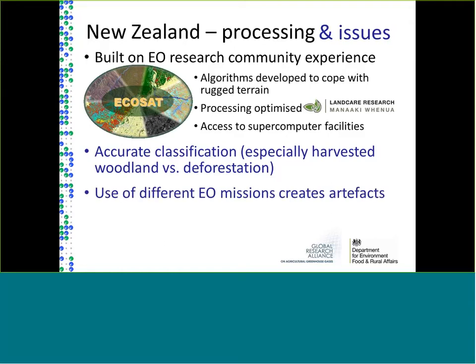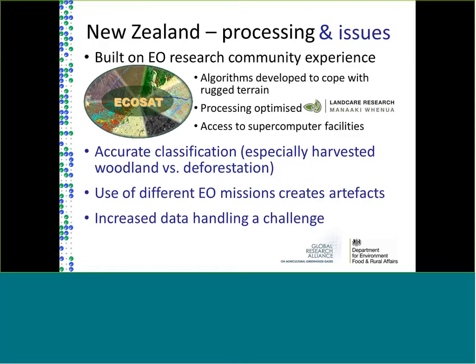As you saw from the history, there's been quite a lot of change between different missions, particularly between Spot and the Landsat series. And this does create artifacts because they're using different parts of the electromagnetic spectrum for different land use maps and land cover databases. And also there are different artifacts due to the use of different spatial resolutions as well.